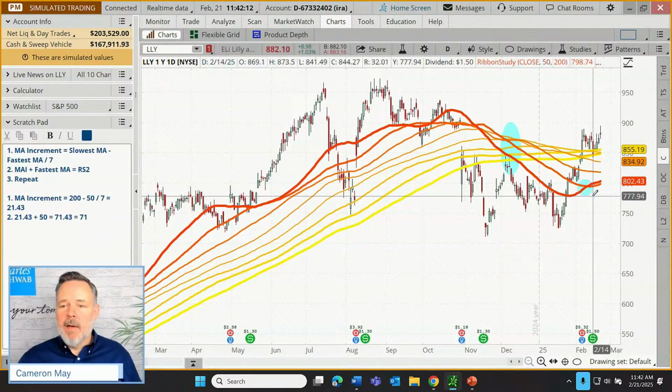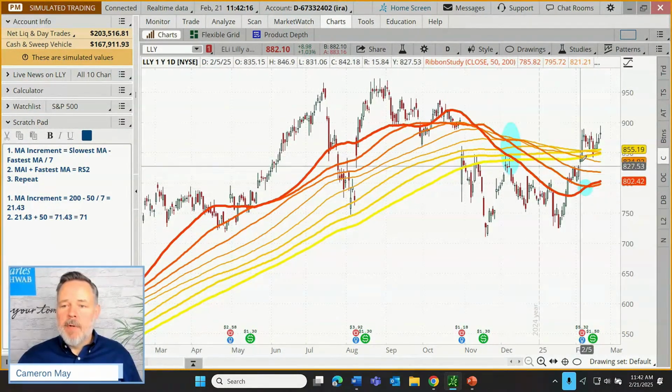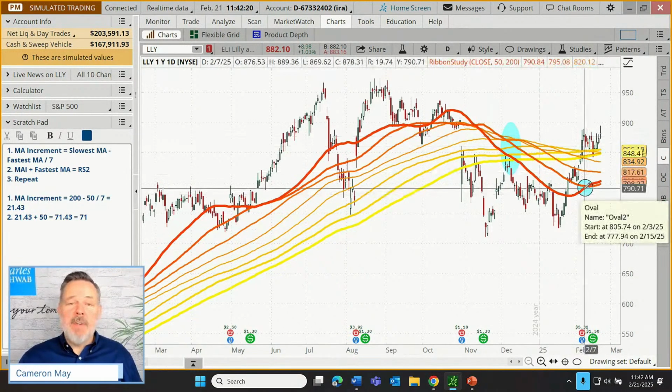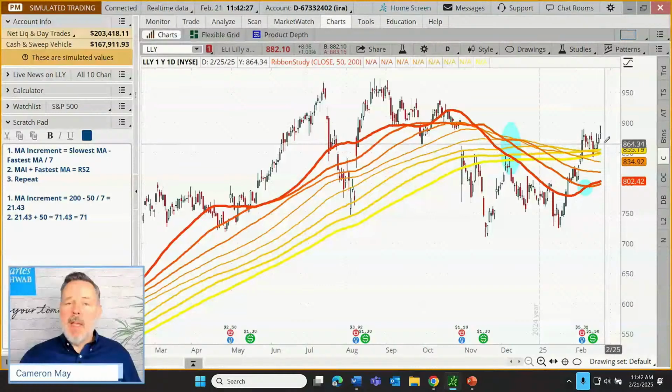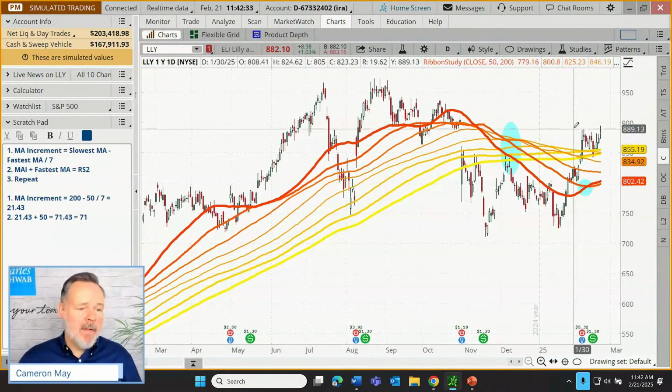So right here could be a signal that we're coming out of this squeeze and we're starting to move higher. Okay, there's an entry. Where might the trader exit? Well, if we've advanced beyond that squeeze and the fastest moving average starts to cross down below the next, that might be a signal for exit.